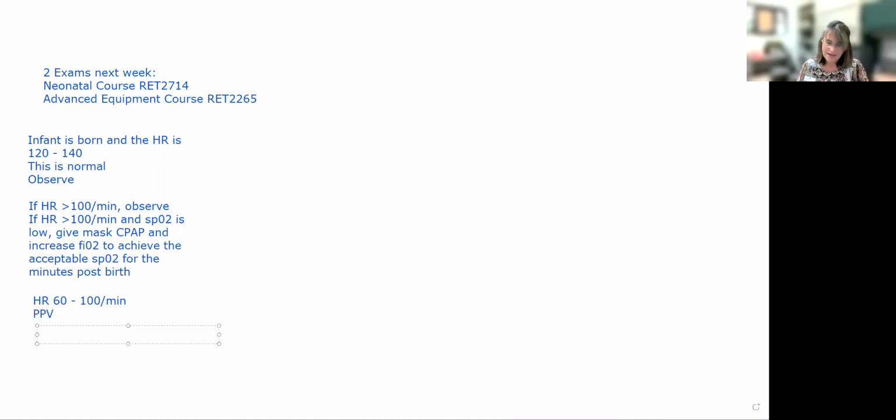So PIP, 25 centimeters of water. PEEP, 5 centimeters of water. And you bag 40 to 60 times per minute. So figure like around every second you're squeezing the bag.